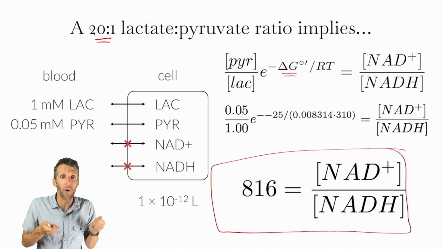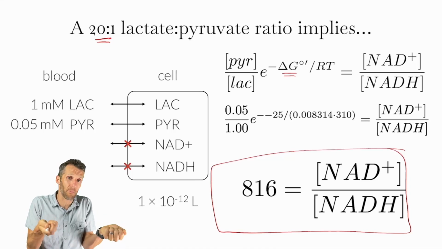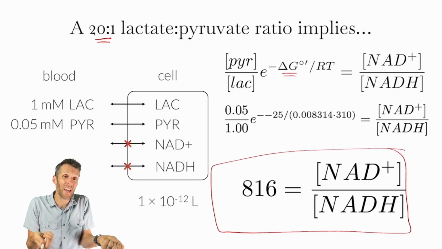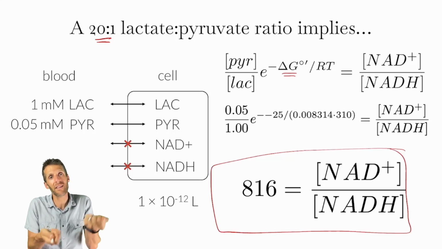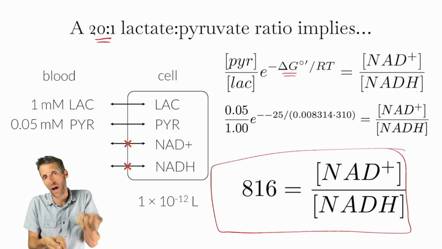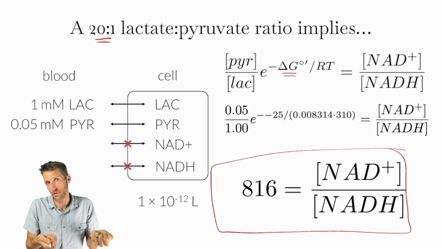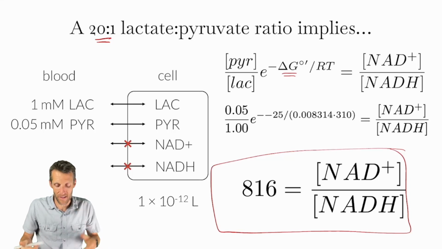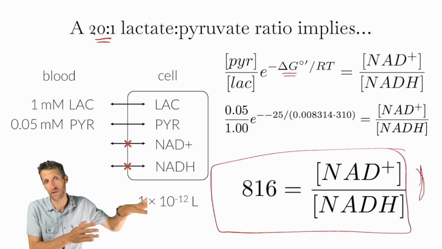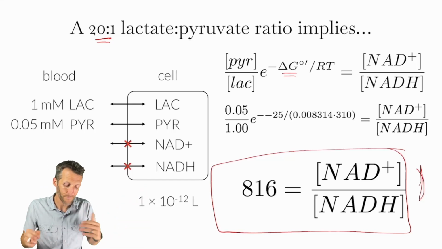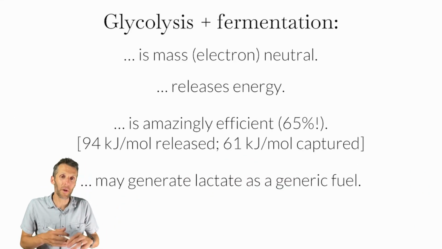Then every other cell can just plug into that, and by plugging into the bloodstream, they're actually setting their NAD plus to NADH ratio. They're basically connecting to a source that drives this ratio so that they can do chemistry. So they're outsourcing the requirement to keep these at a particular ratio to the entire bloodstream and the entire metabolic system. Okay, that was a little bit of a wild thing.